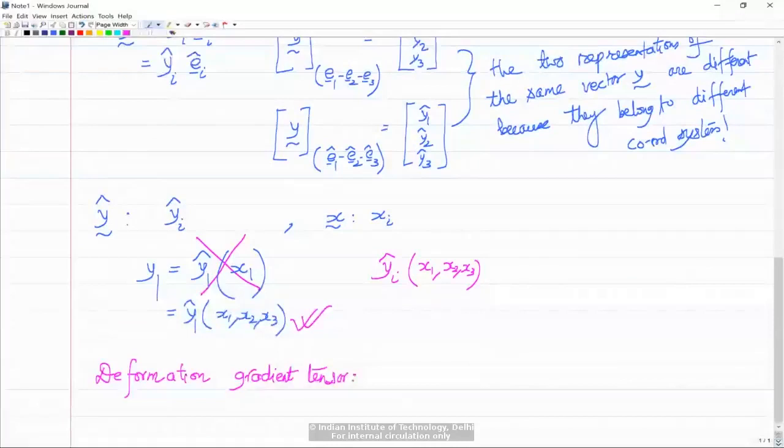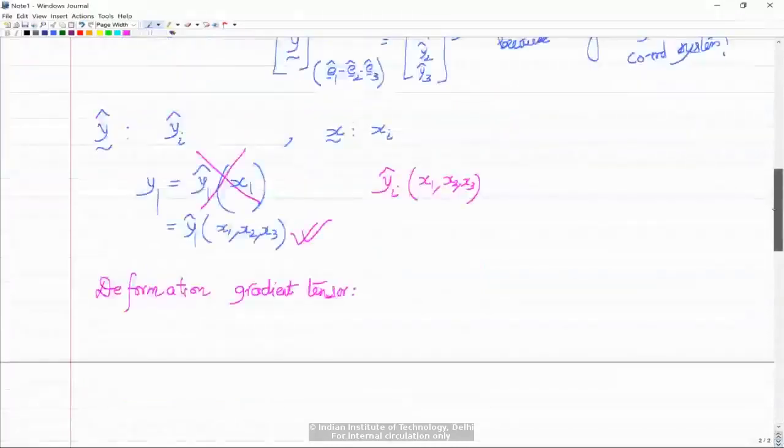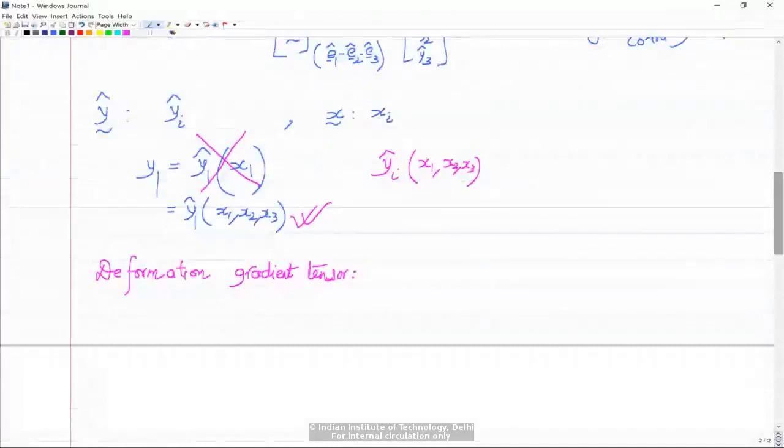Okay, so what is this? This is simply, as the name suggests, the gradient of the deformation map.